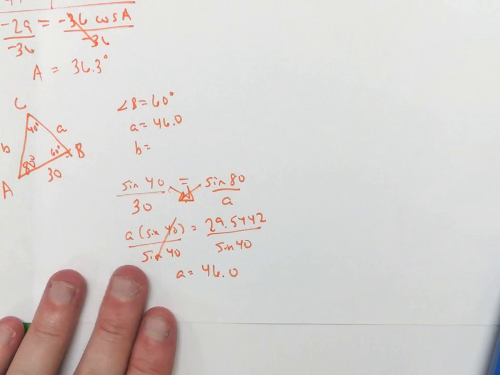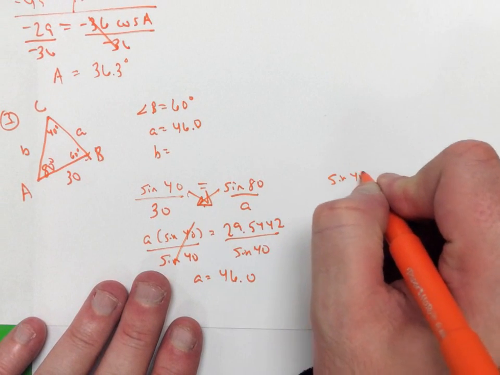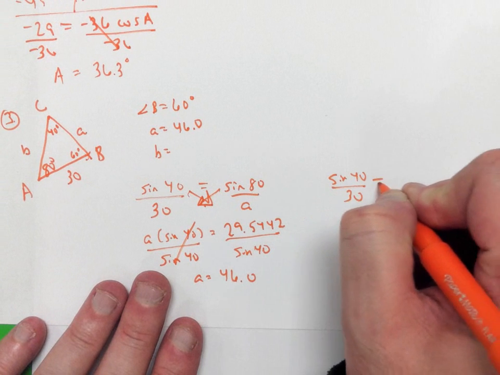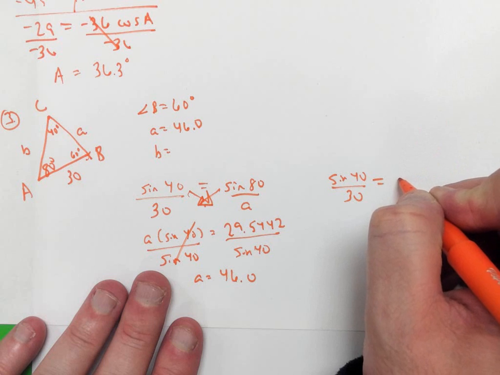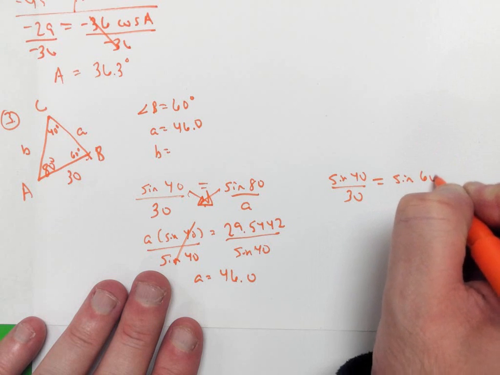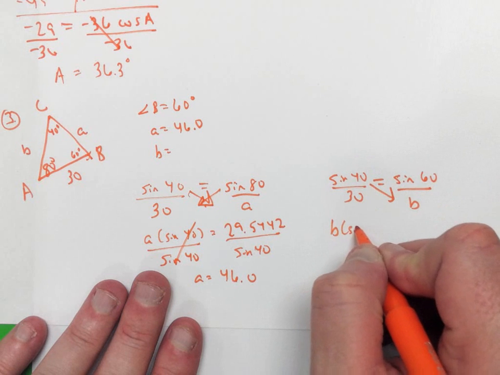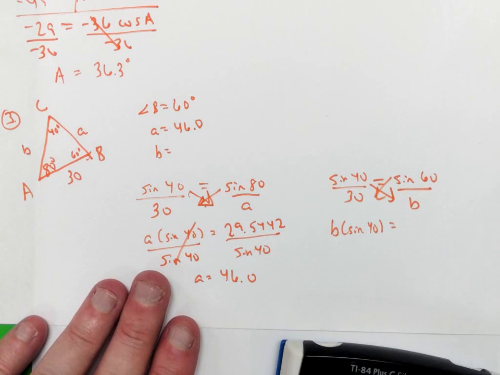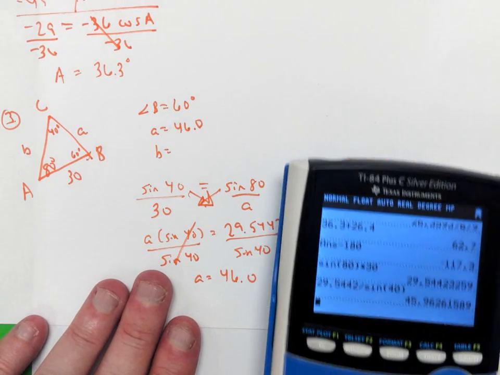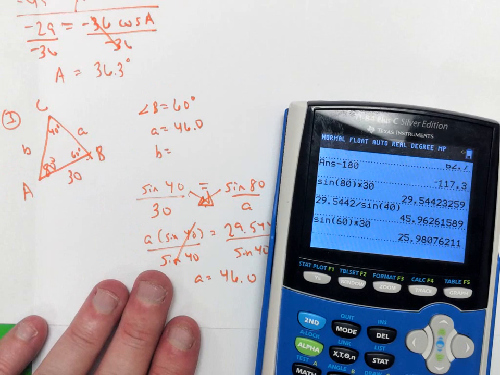All right, now let's find B. Start with our given: sine of 40 over 30 equals sine of 60 over B. Cross multiply. B times sine of 40 equals sine of 60 times 30.